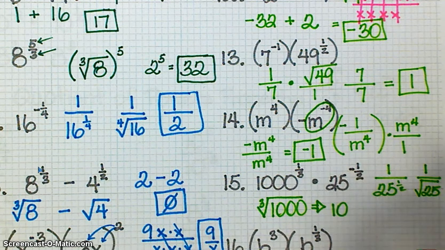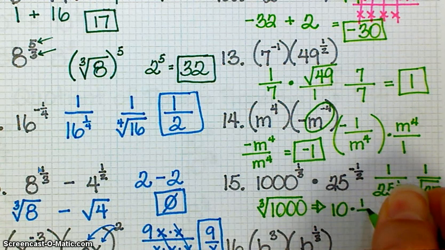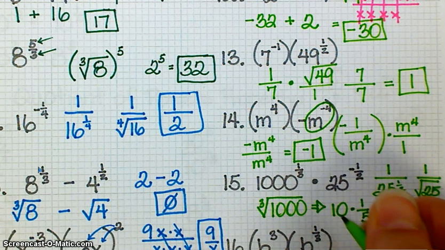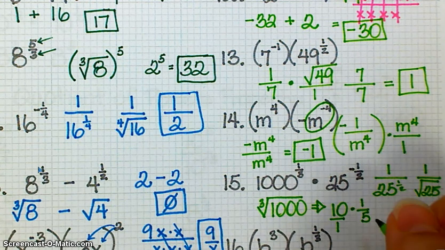So all of this, when you're done, comes out to 1/5. So you're multiplying 10 times 1/5. Really, you can think that's 10 over 1 times 1 over 5, which is 10 over 5, and your final answer is 2.